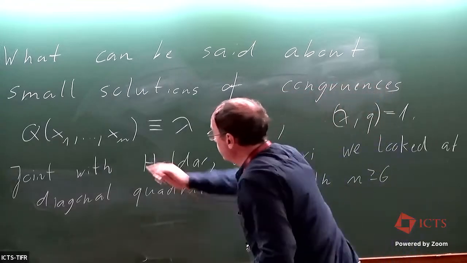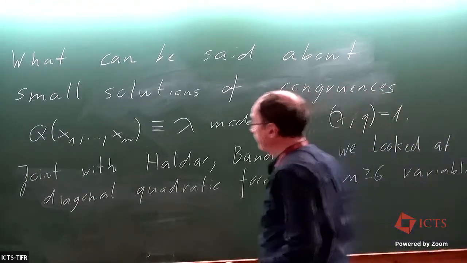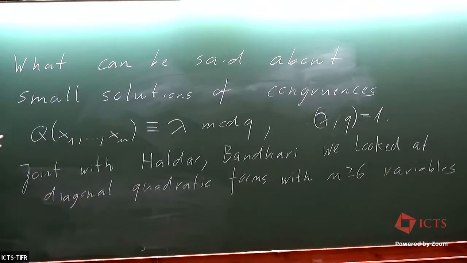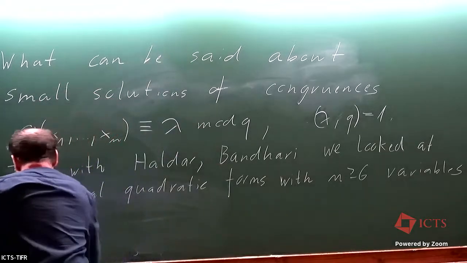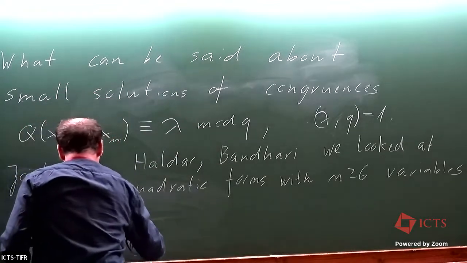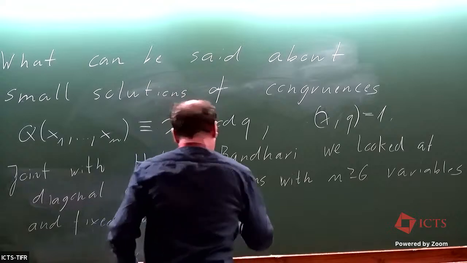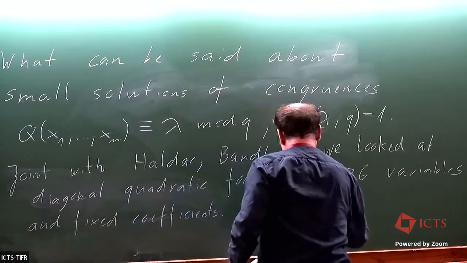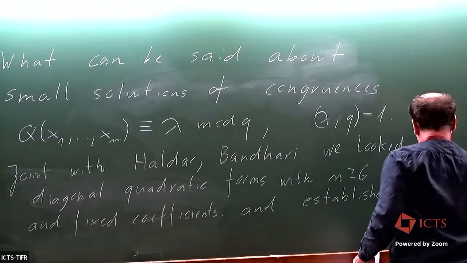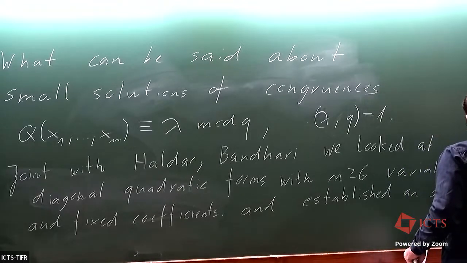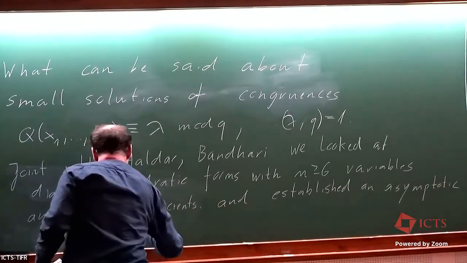Here we need n greater or equal to 6 variables and fixed coefficients, so we also fix the coefficients and then let q go to infinity, and established an asymptotic formula for the number of solutions.